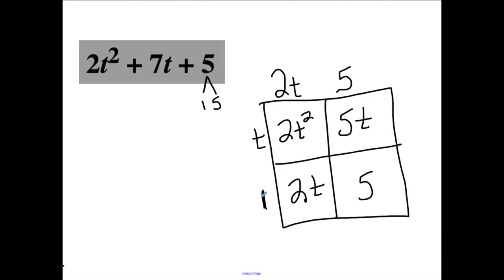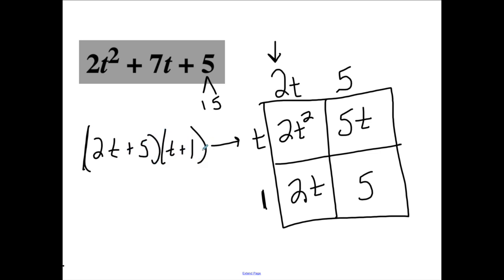Here I now not only have to worry about the constants, but I also have to worry about the fact that one or more of these numbers are going to be getting multiplied by the number out there. So if it's 1, that's fine, I don't care. But if it's not, I have to take that into consideration. Okay, so what we end up with is 2t plus 5t plus 1.